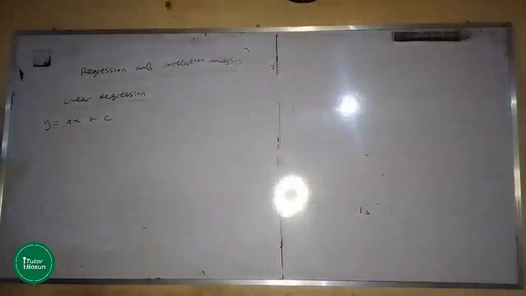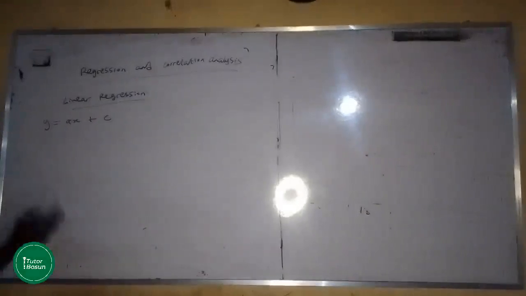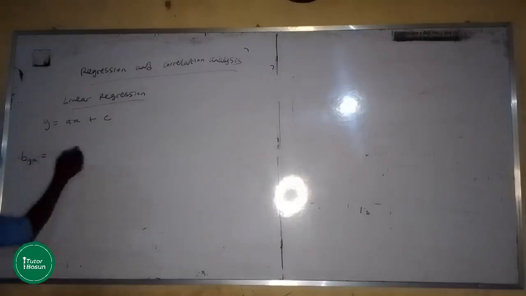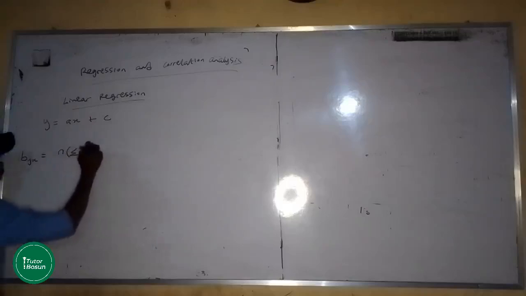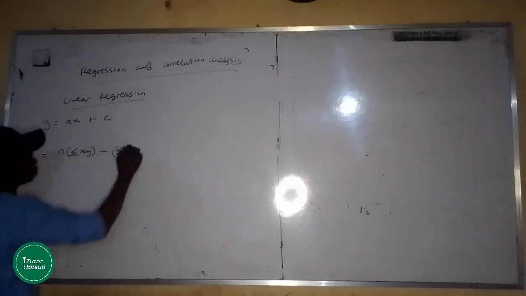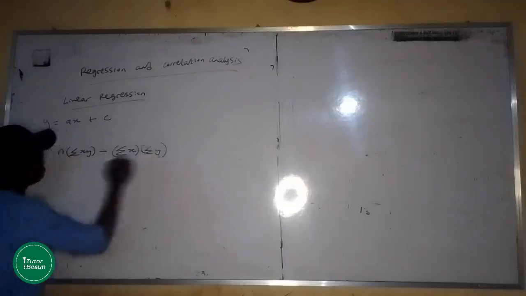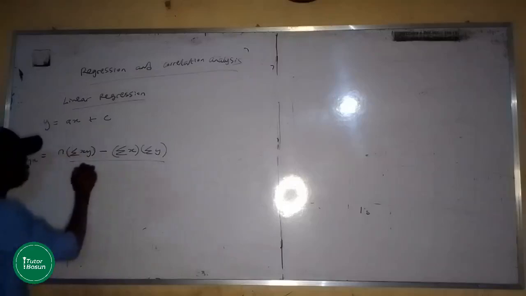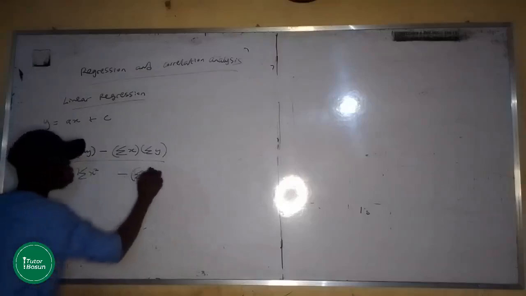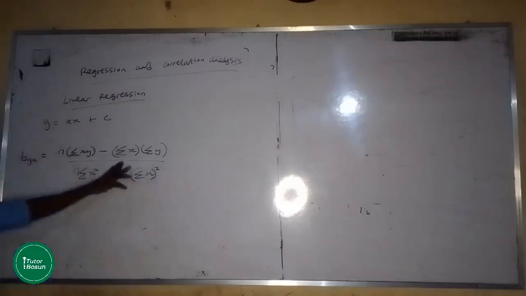If you are asked to determine the regression coefficient of y on x, it is represented as byx, which equals n summation xy minus summation x multiplied by summation y, divided by n summation x squared minus the square of summation x.